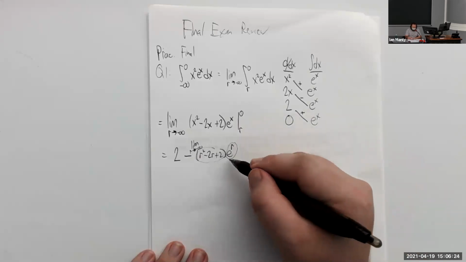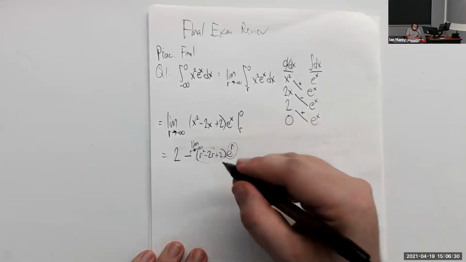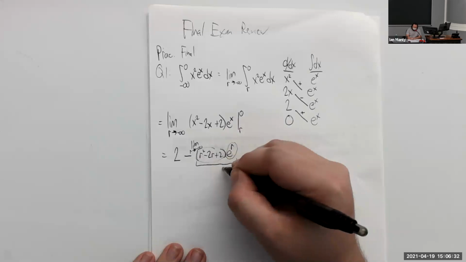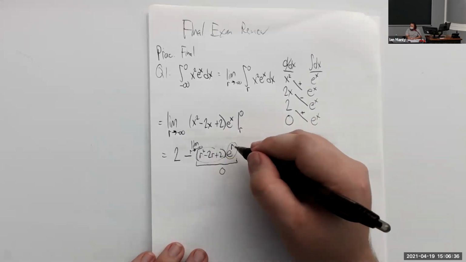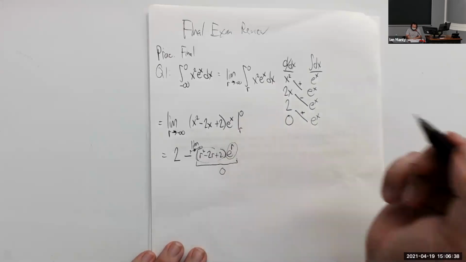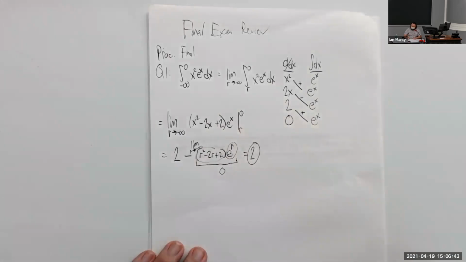And because exponentials are more powerful than polynomials, what this does is going to overwhelm what this is going to do. So this whole thing is going to go to 0 because e to the negative infinity is going to go to 0 right here. So I have 2 minus 0, and last I checked, that'll end up being 2. So that's going to be our answer for this one right here.